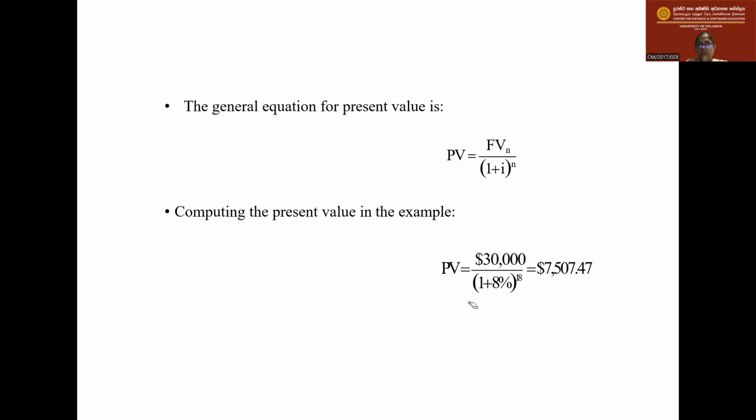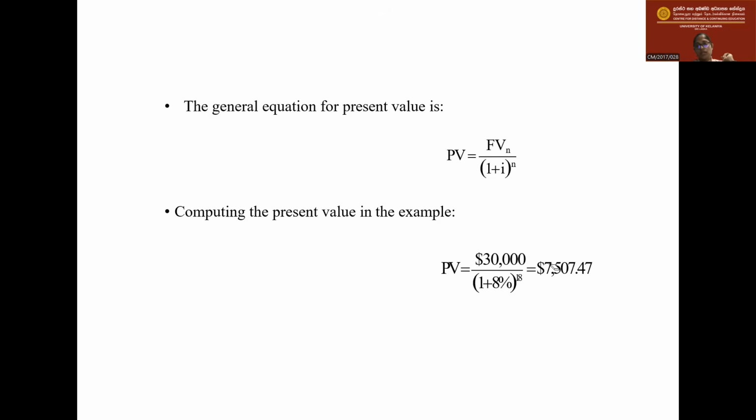Then keep it as is and press the power button, the hat sign, and then press 18, then you can obtain the value. Keep it as is and press 30,000 and then divide by the Ans. Ans means the answer, in this sense 1 plus 0.08 to the power of 18, right?